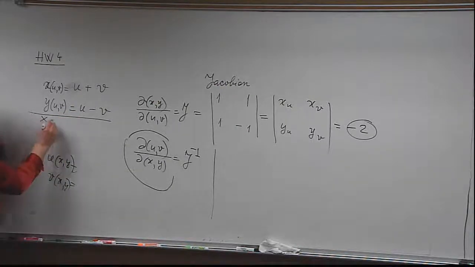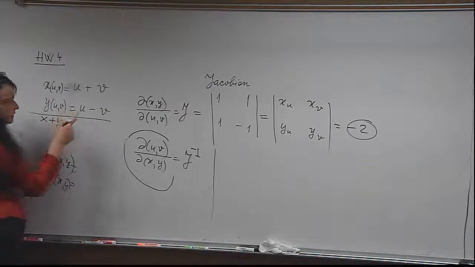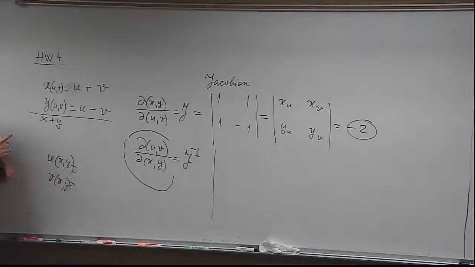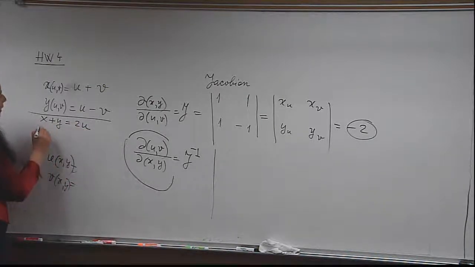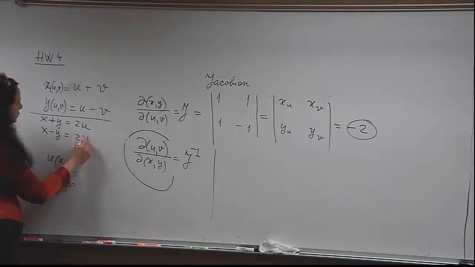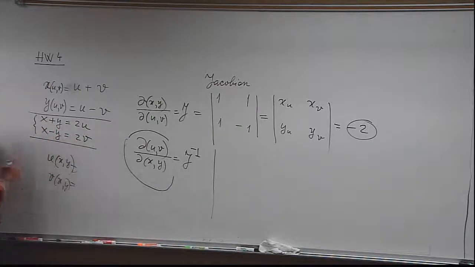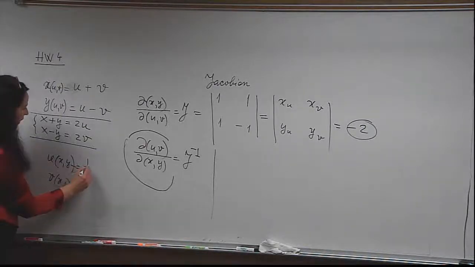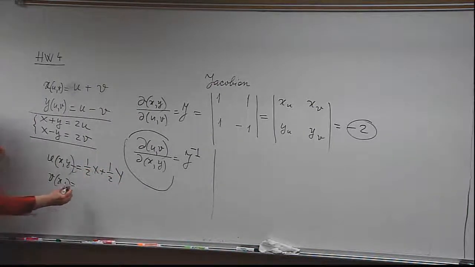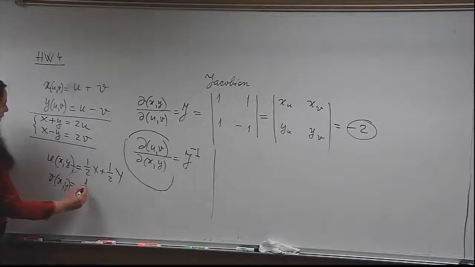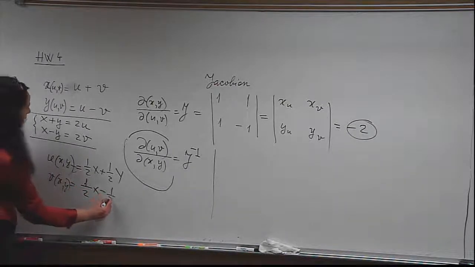So I say x plus y equals 2u, x minus y equals 2v. This is elimination, as it was called when we were little. So u is (x plus y) over 2. That means 1/2 of x, 1/2 of y. Right, guys? I'm right? And v is 1/2 of x and minus 1/2 of y.